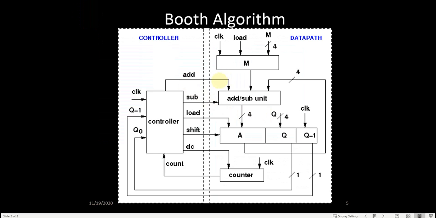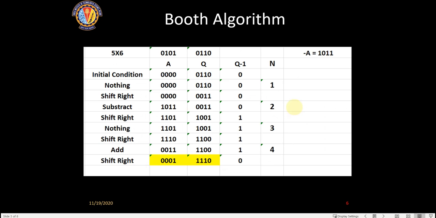That command, add or subtract, will be given here. And then there is a counter, which is the number of bits. If you are doing a 4-bit operation, after 4 bits this counter would stop, and it gives that to the controller. I am sure it is still not very clear, but we'll take one example. After this example, if you have any doubt, we will speak about that.